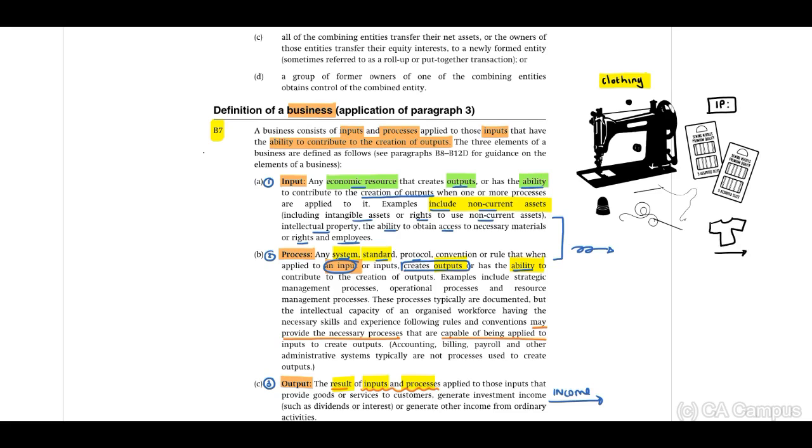Therefore, our inputs, economic resource, will be our machines, it will be our IP, and there is a process in terms of developing, guys, to be able to generate and manufacture clothes. Right, the very basic example, guys.